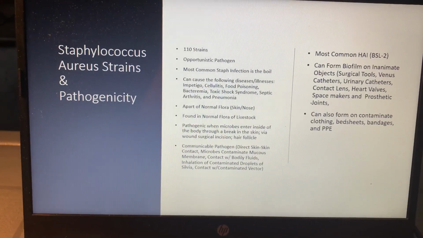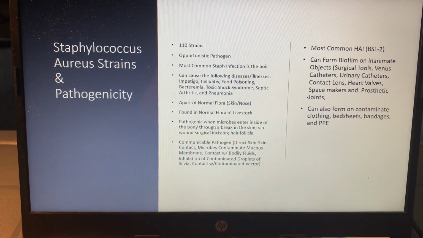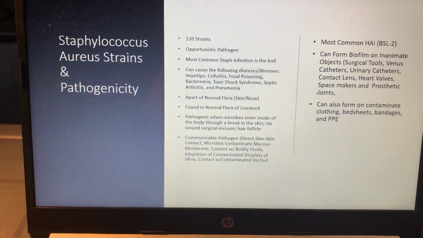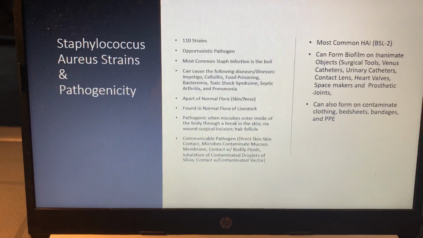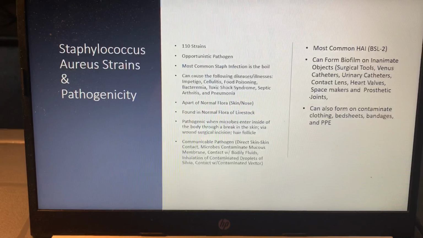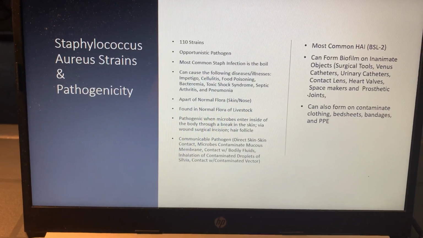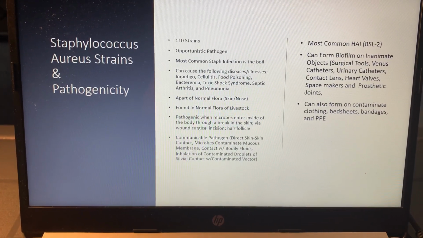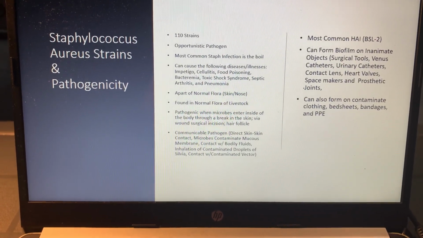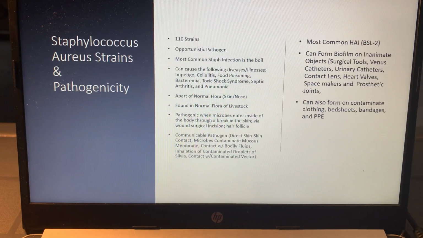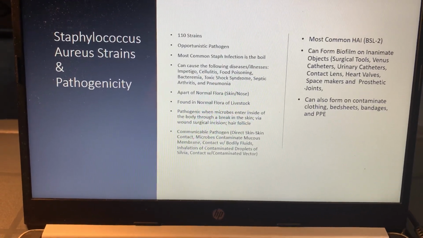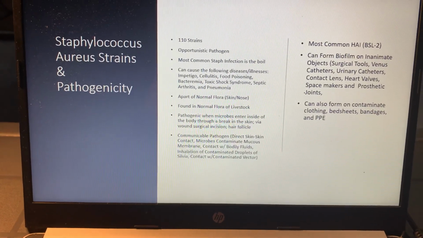It is pathogenic when the microbe enters the body through a break in the skin, via a surgical incision or through a hair follicle. It is a communicable pathogen, which can be transmitted through skin-to-skin contact, contaminated microbes coming in contact with a mucous membrane, contact with body fluids, inhalation of contaminated droplets of saliva, and contact with a contaminated vector.